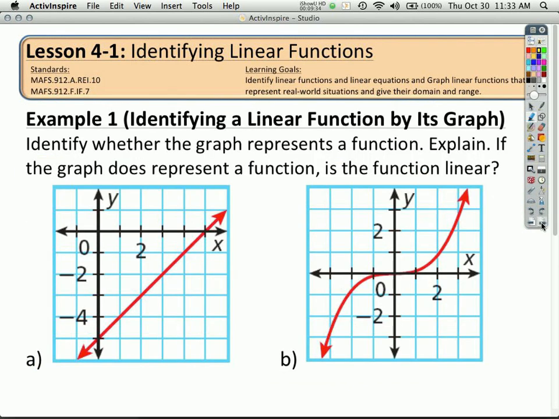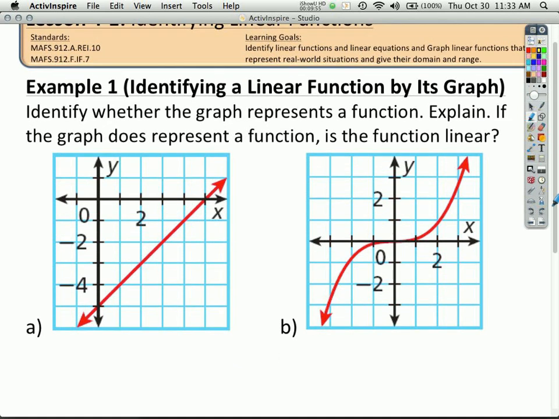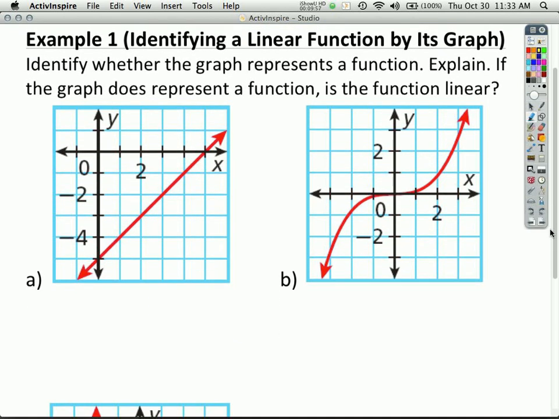First perspective is we're going to look at graphs. For this example, I don't want you to copy down the graph. I want you to participate, involve yourself, and try to understand what we're talking about. And I'll be honest with you, compared to some of the other work we're going to do, this is the easy part. So first, we want to be able to identify a linear function by looking at its graph and saying whether it's linear.